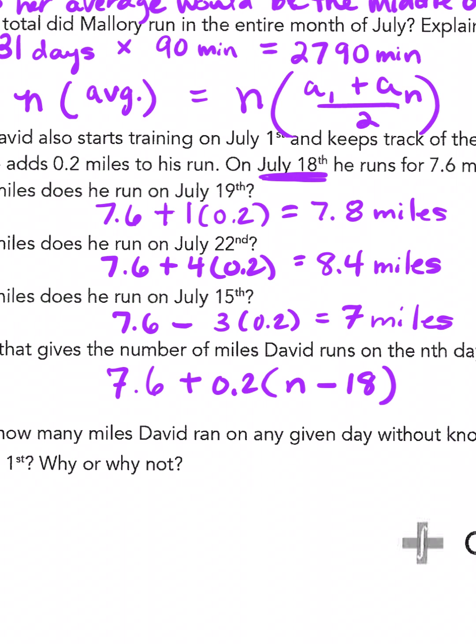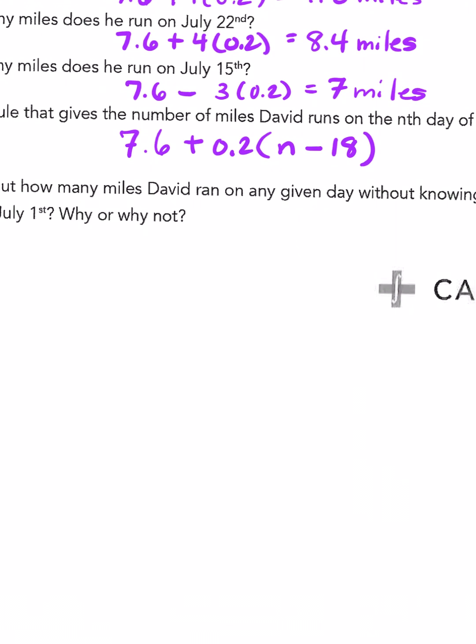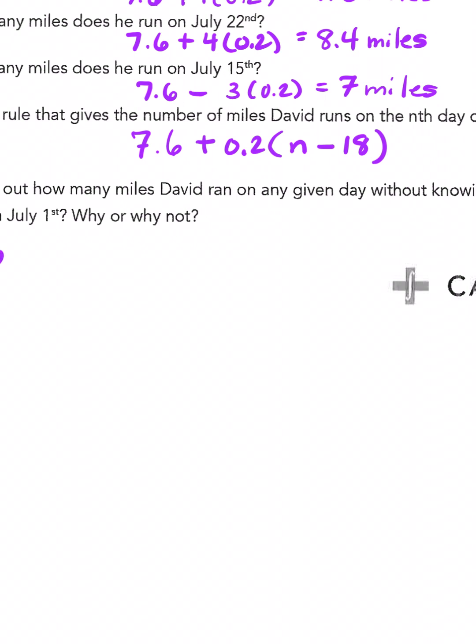All right. Can we figure out now how many miles David ran on any given day without knowing how many miles he ran on July 1st? In other words, can we do an average? Could we? Can we figure out how many miles he ran on any given day without knowing how many miles he ran on July 1st? Well, didn't we just in the last previous step? Yeah. What did we say? Instead of subtracting 1, because we don't know 1, we subtract the number of the day we do know, don't we? So the answer is yes. As long as we know what?